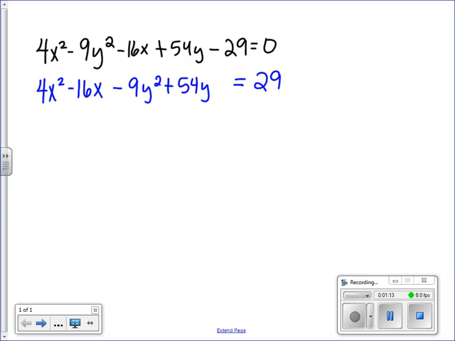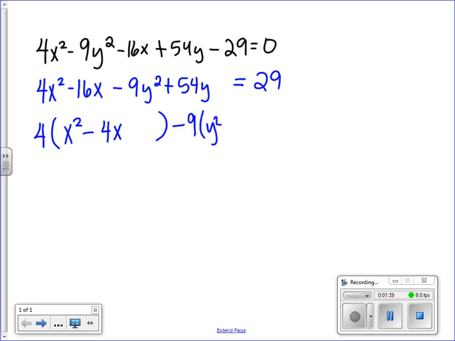Okay. Can't have a number in front of the squared, so I have to factor that out. So I take out the 4. That's going to leave me with x squared minus 4x. This one you got to watch out for. I'm going to be taking out a negative 9.